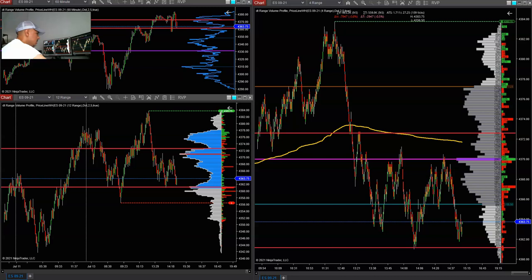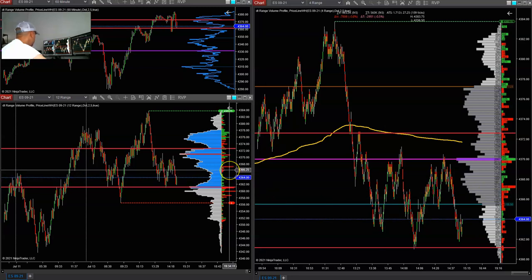So I'm still waiting to see what the market is trying to do here. If this trade takes place, I'll probably be looking at maybe getting out at 66 and a quarter.